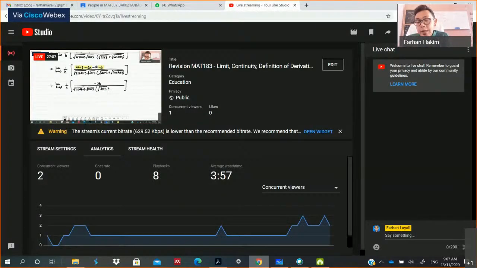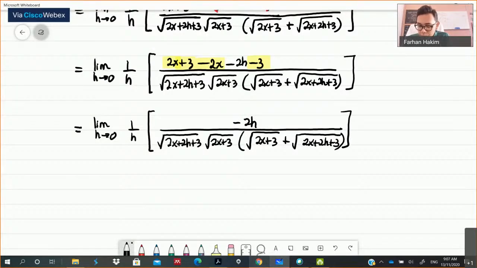Now we can cancel the h. That is our intention. So h together with h, we are just left with negative 2.